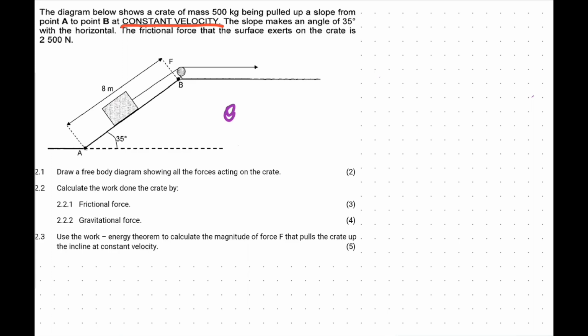So I would always want to draw a free body diagram showing the forces acting parallel to the slope, especially when I'm given the angle of inclination. So the first force I would put there is the FG parallel. The other force, the frictional force.